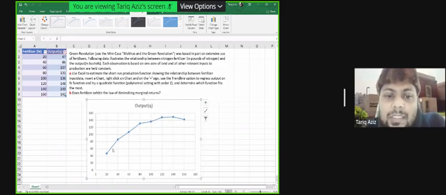So you might observe that this curve is initially increasing, then it became constant, and after becoming constant, it has started decreasing. Even in the table, the data increases till 149, and after 149 it becomes 142, which means the total output has decreased. So this is how the total output behaves.